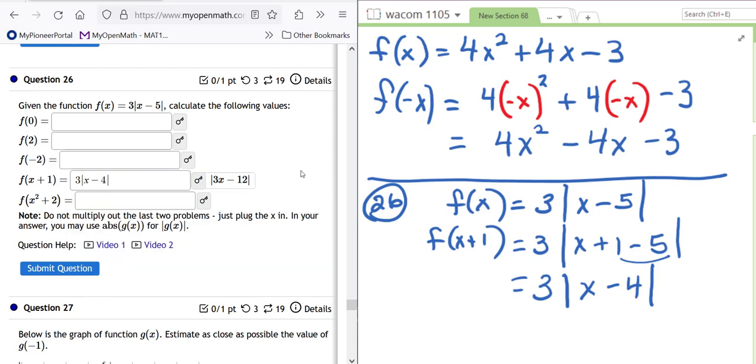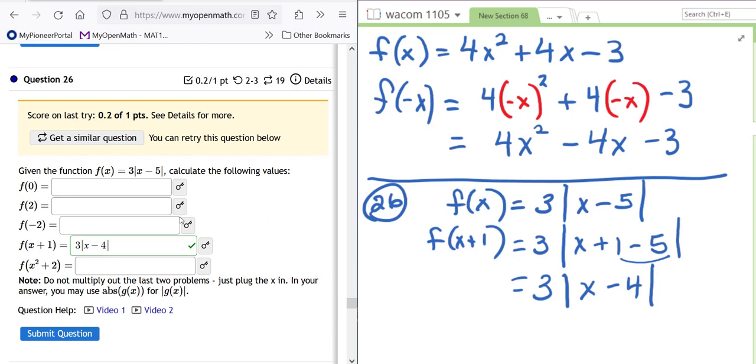And then you're done with it. Right, I'm going to just submit it, and it marked what I put in right. Their answer key was wrong. Okay, this is what you would need, because you're not allowed to distribute them. All right, we'll let that one go there.